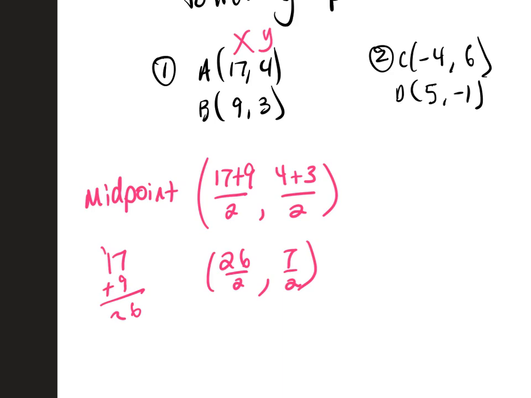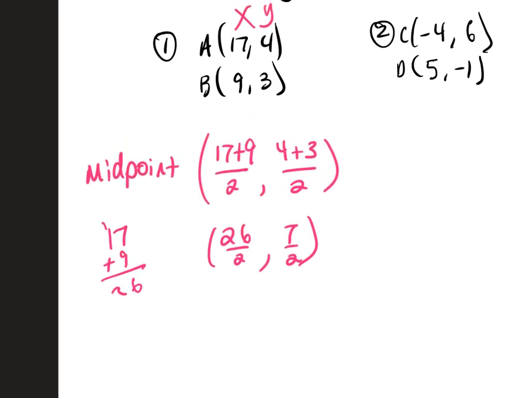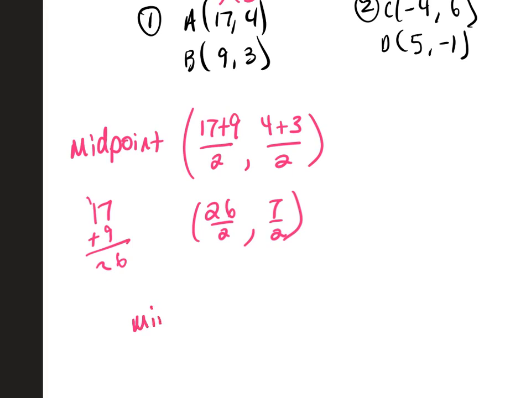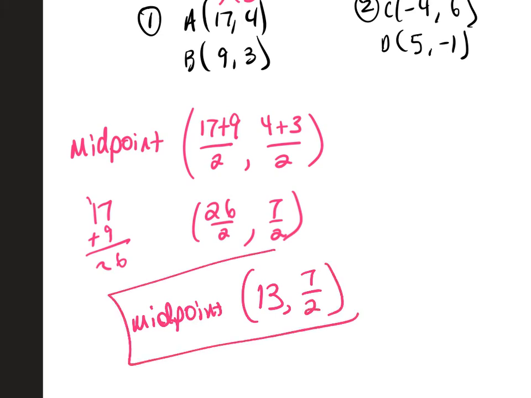And then look to see if you can simplify. If you want to simplify 7 over 2 into 3.5, that's fine. But I would not. I would just leave it as an improper fraction. But can you simplify 26 over 2? Yes or no? 13. So your midpoint would be at 13, comma, 7 over 2.